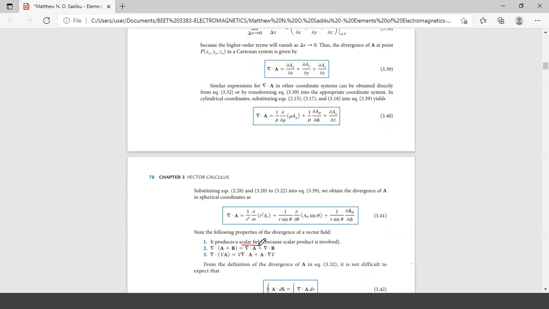If the gradient is the differential of a scalar, we get a vector. So the final answer for the gradient is a direction, but for the divergence, the final answer is a scalar. So divergence of A plus B equals divergence of A plus divergence of B. Divergence of VA equals V divergence of A plus A dot gradient of V.